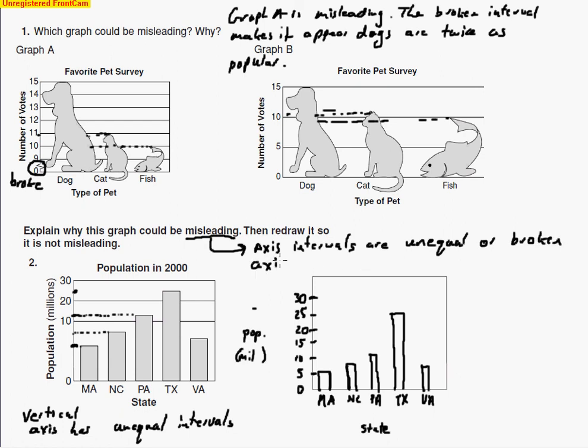So that's what you're looking for when we're dealing with misleading information. So misleading is when the axis intervals are unequal, like they were over here, number 2, or when we have a broken axis, like we did here on number 1. So those are the different things you'll be looking for on tonight's homework. Good luck.